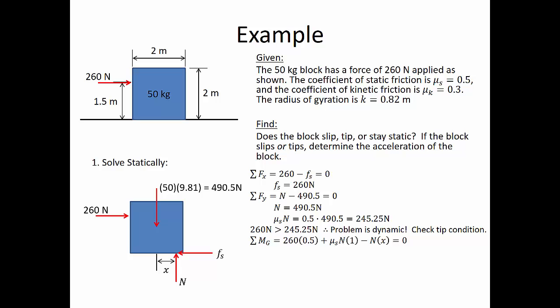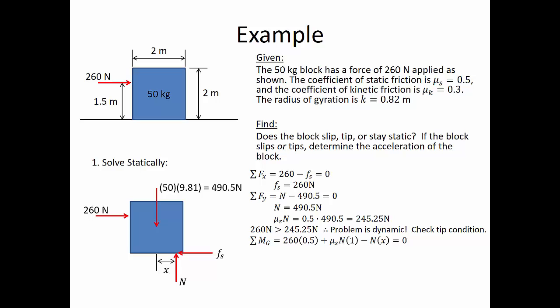So 260 times 0.5 meters plus our maximum static friction, mu sub s times N, times 1. We use our maximum static friction in this case because we want to find the location of the normal force when we reach that point. So we have our maximum static friction times 1 minus our normal force times the position x. We know what the normal force is.